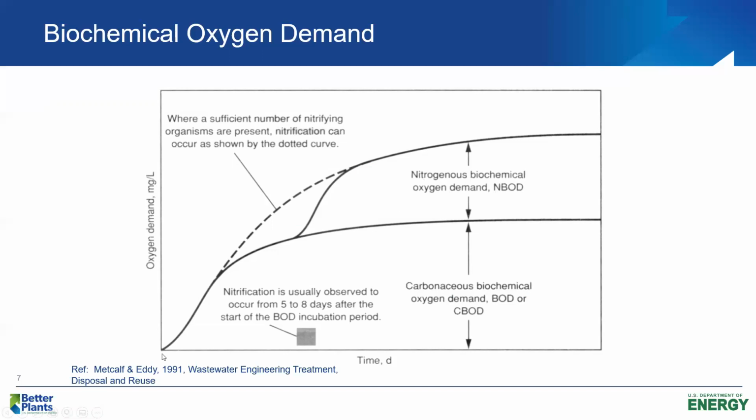But if we run a BOD on raw sewage without taking any precaution, the curve will probably do something like this. It will go up, and all we see the first 6 or 8 days is just exertion of the carbonaceous BOD or the oxidation of the organic matter. And the reason for that is in raw sewage, because the wastewater is typically septic, as it moves through the sewer system, the oxygen is used up.